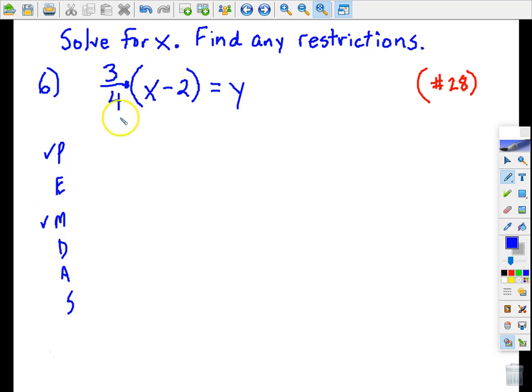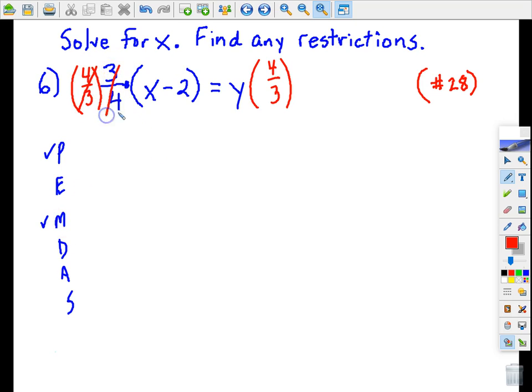Okay, so how do we go about reversing, or what is the inverse of multiplying by 3/4? Well, hopefully you're thinking, that would be multiplying by the inverse of 3/4, which is 4/3. So my first move is to multiply both sides of this equation by 4/3.